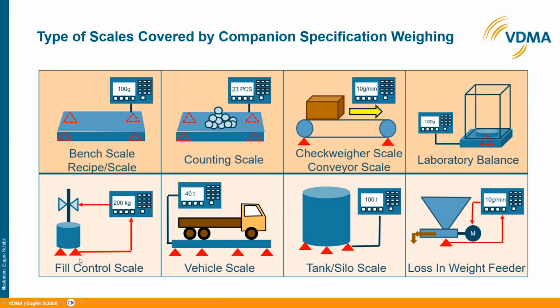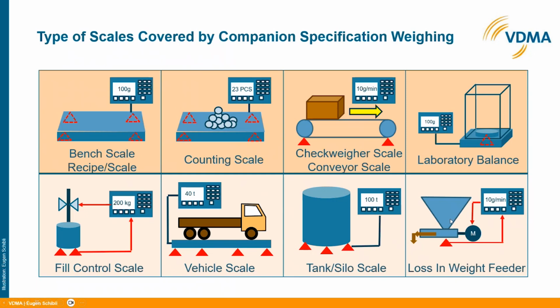Then we have the filling control scale that can automatically fill a drum or an IBC or a big bag with data that were downloaded via OPC UA to the weighing equipment. Vehicle scales here up to 80 tons with a multitude of load cells. Tank and silo weighing, dispensing out from silos or tanks, and also for inventory control.